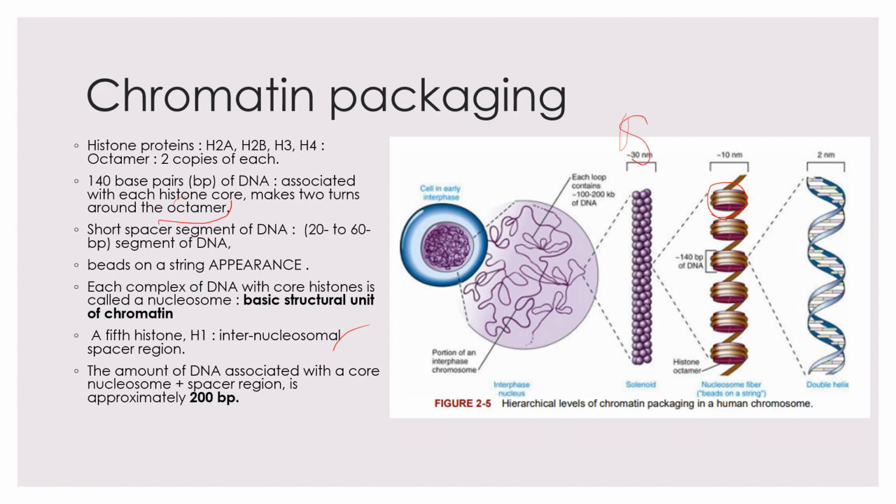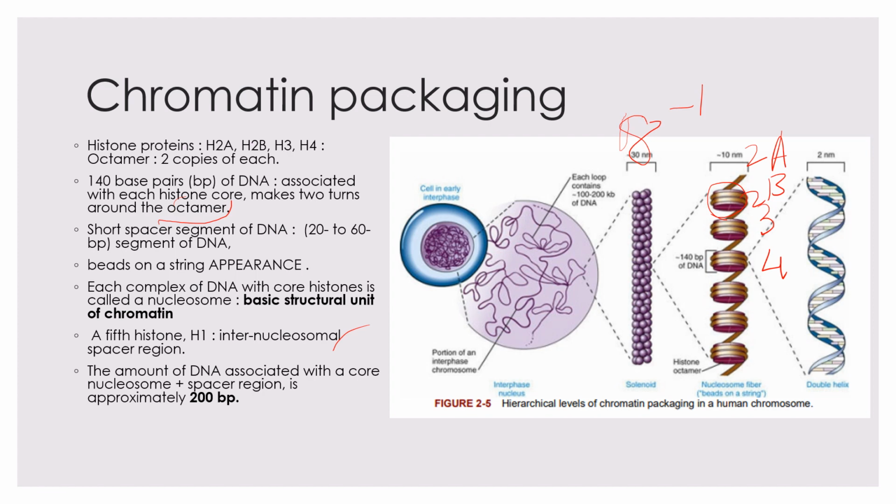What are the 8 subunits made up of? It's basically made up of 4 types of histone proteins: H2A, H2B, H3, and H4. These are present in duplicates. That's why 4 proteins, 8 subunits, and that's why it's called an octamer.